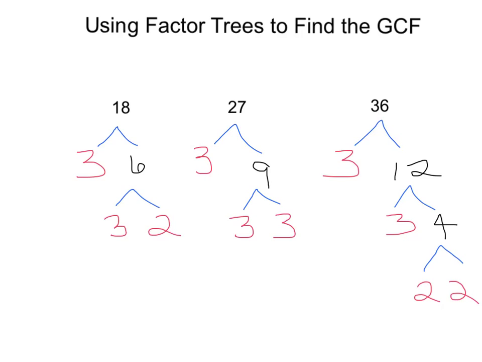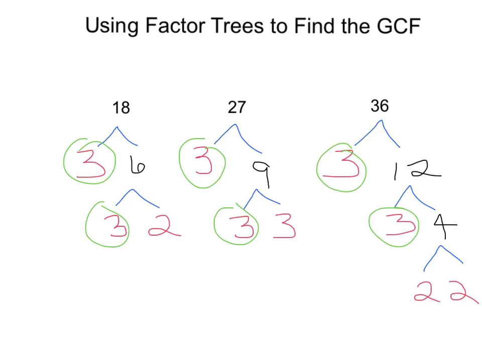So if we look to see what they have in common, they have 2 3s, 2 3s, and 2 3s. So our greatest common factor is 3 times 3, which equals 9.